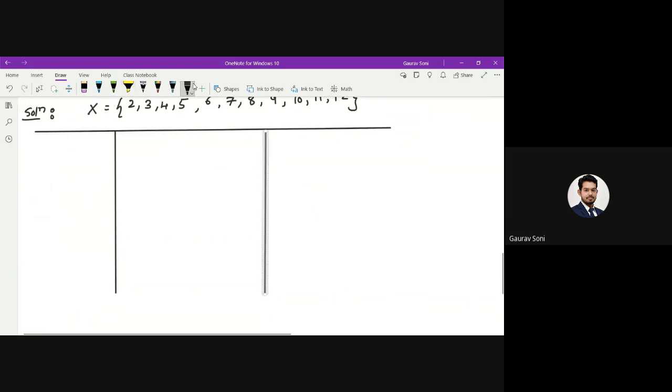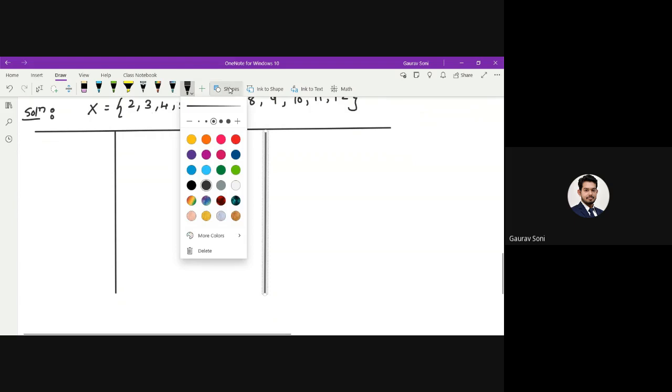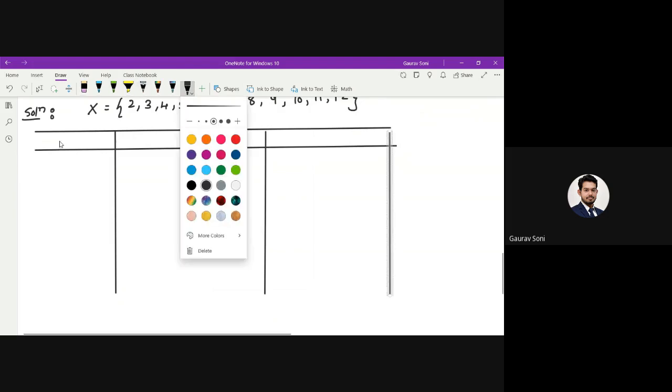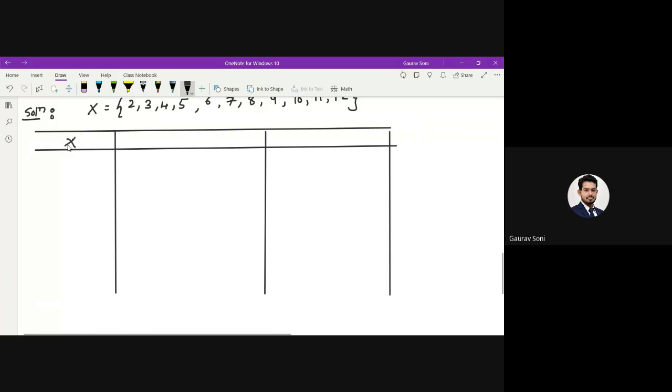So I'll write down the x here, and in the last row I'll give the probability. I will have x here, the possible values of x, and the elements of the sample space which are going to give me this value of x.